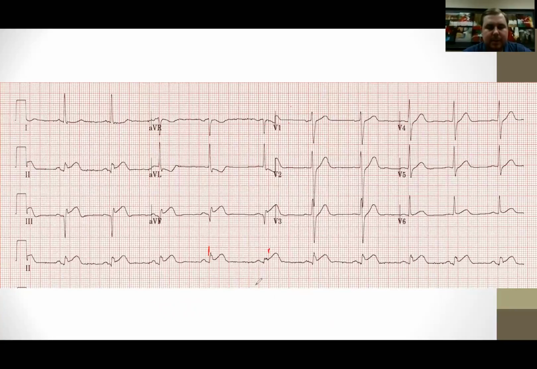So this rate's between 50 and 60, so let's just call it 55. Look for my P waves. It looks like I have a normal P wave in lead 2, 1. They all look pretty normal to me. So this is just going to be sinus brady at a rate of 55.